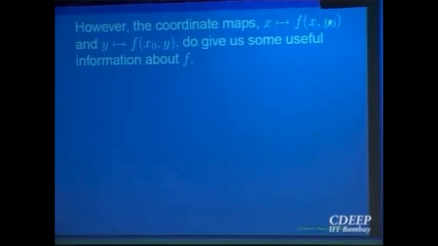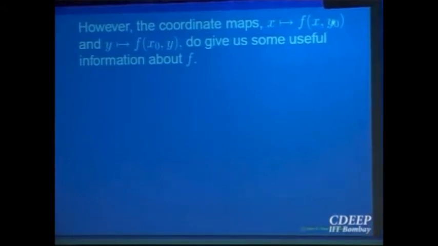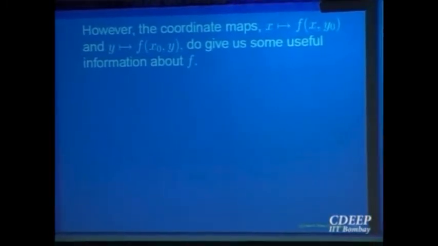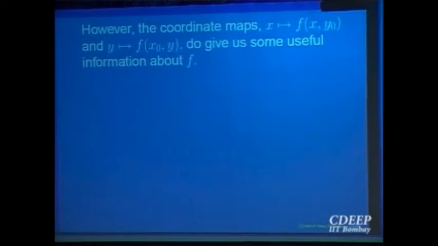When you fix one of the variables, what are you doing geometrically? If you have a function of two variables, z equal to f(x, y), and you plot its graph, that is a surface in 3 dimensions. For every point (x, y) in the domain, you get a height z, so you get some kind of surface. And you are fixing, say, one coordinate x equal to x naught, which is a line.